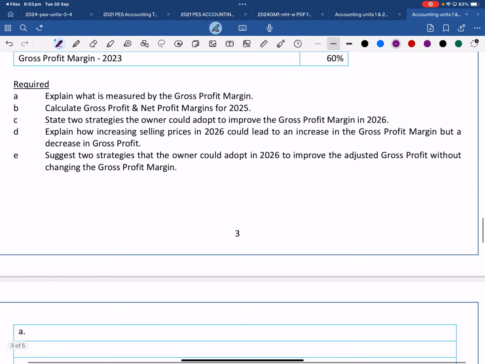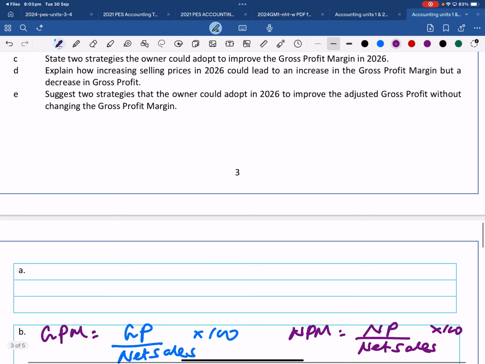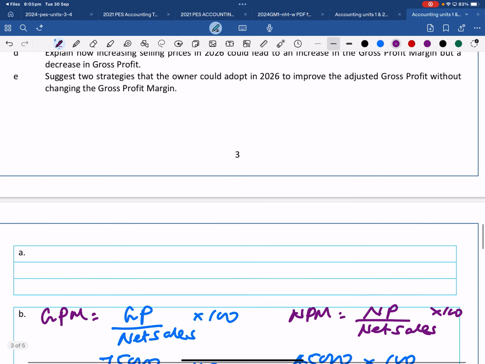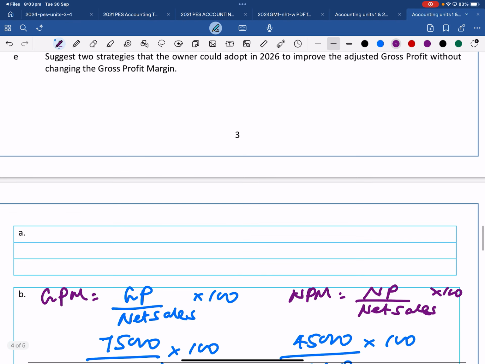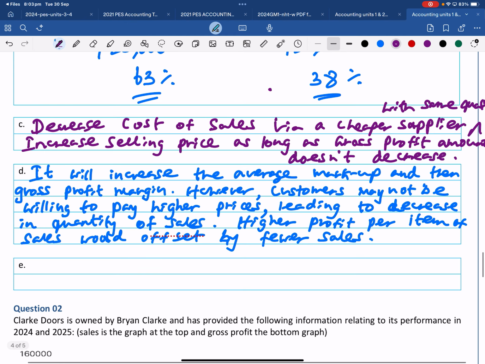Then suggest 2 strategies the owner could adopt to improve adjusted gross profit without changing gross profit margin. Without changing gross profit margin means, guys, what do you have to do? Decrease inventory loss. How can you decrease the inventory loss?